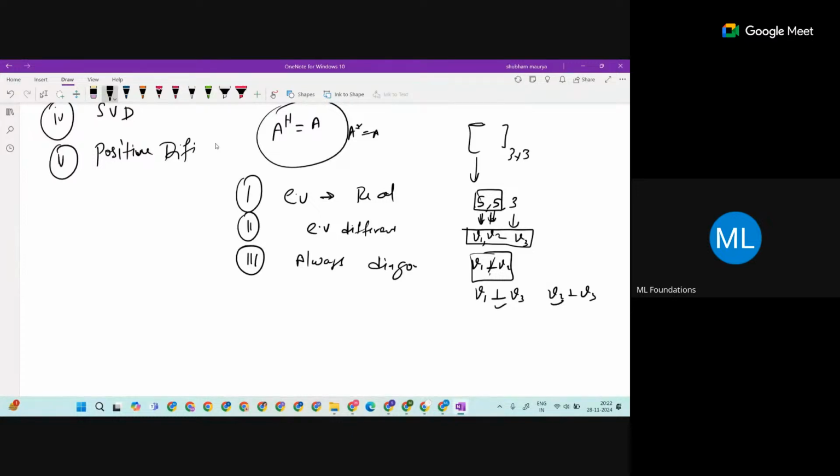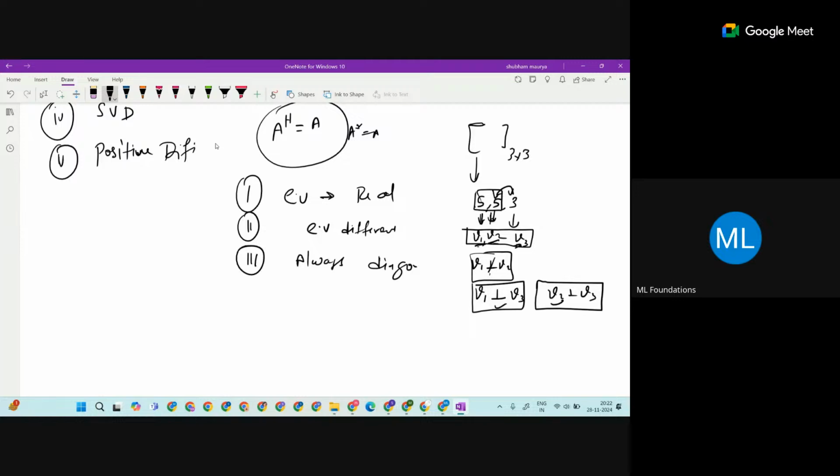Orthogonality will happen only for different eigenvalues, like between the 5 and 3. In v1, v2 and v3, v1 and v2 are for the 5 and v3 is for the 3. So if they are from different eigenvalues, then they are orthogonal.